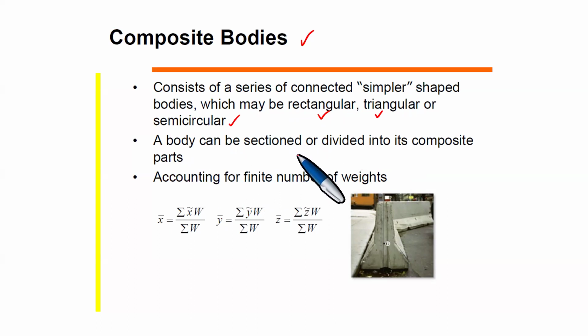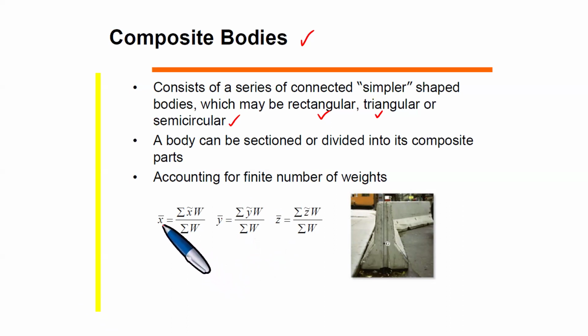A body can be sectioned or divided into its composite parts, accounting for a finite number of weights. Like x bar, which is the sum of x tilde w, which is what we discussed last time about determining the centroid linked to the weight, or the center of gravity.